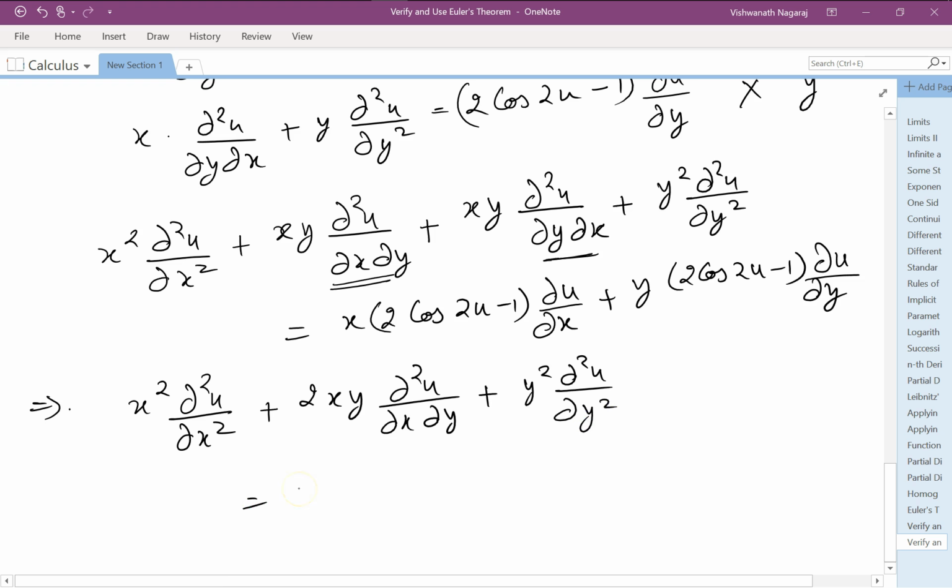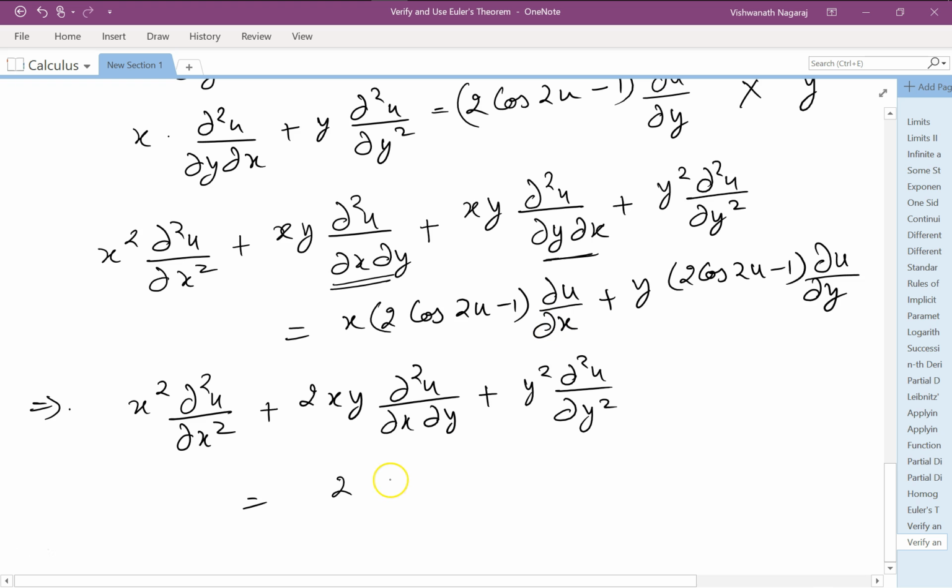is equal to, now here if you notice, 2 cos 2u minus 1 is common. Dou u by dou x is not common because here it is dou x, here it is dou y.